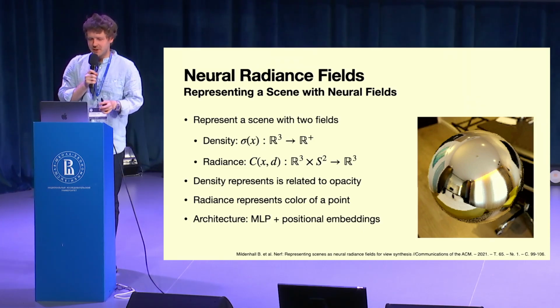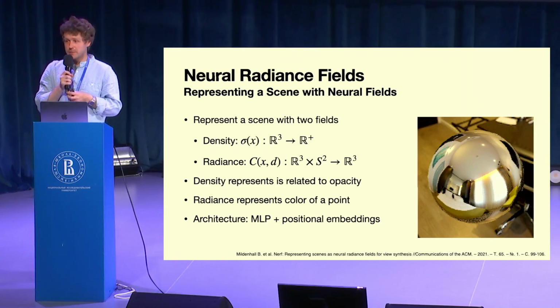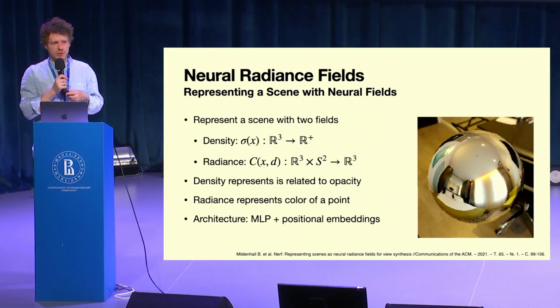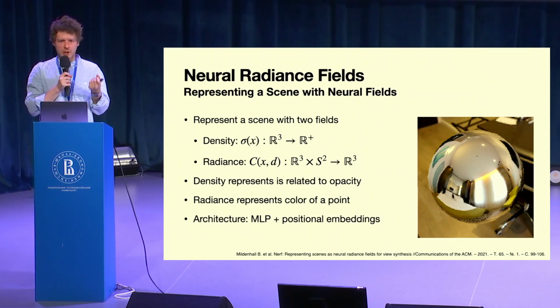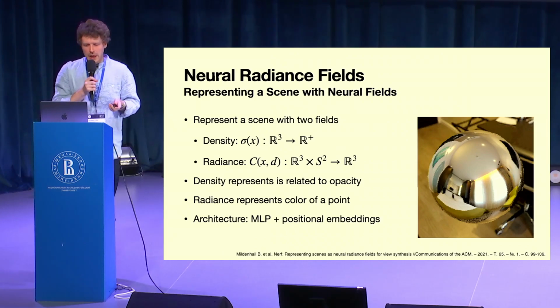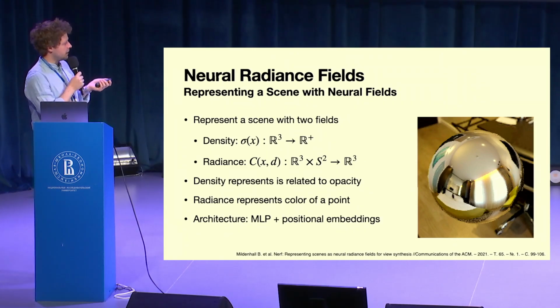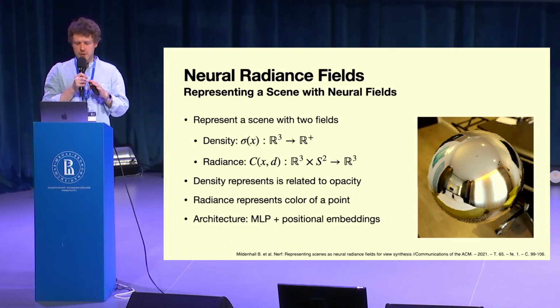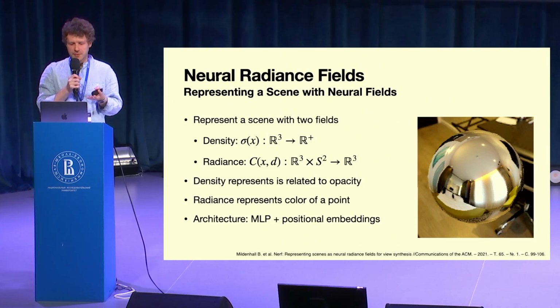Now I'm going to tell you the answer. Well, it turns out that light is a pretty complicated substance, and many of the objects you encounter in real life change color as you change the point of view that you're looking at the object from. In this picture, I pasted an image of a shiny sphere with an almost perfect mirror surface.